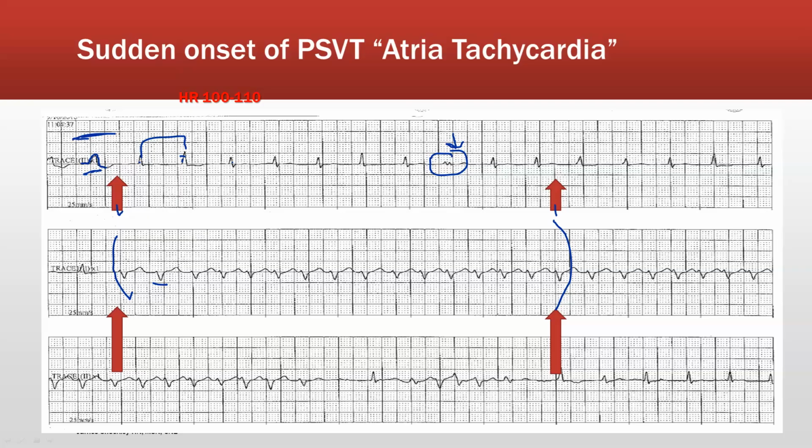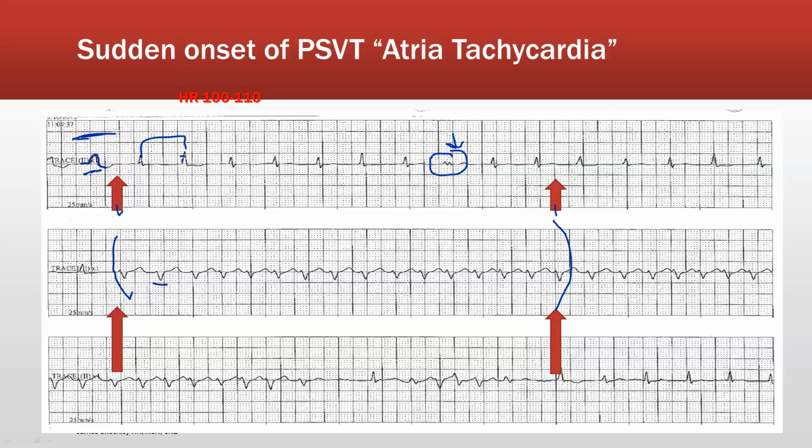So this particular person, because I can keep counting it, 16 plus another 7, so 23 beat run of SVT. So yeah, the heart rate could get up to 230-ish if we allow it to keep going.